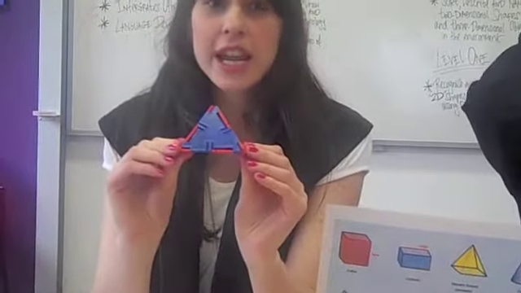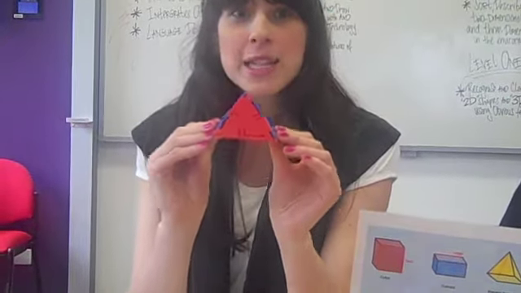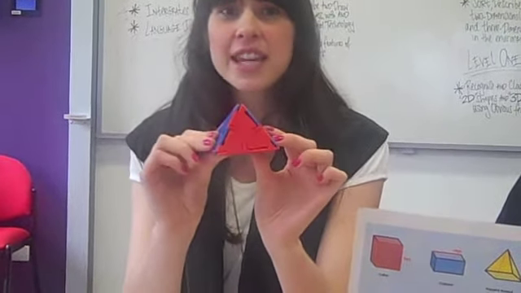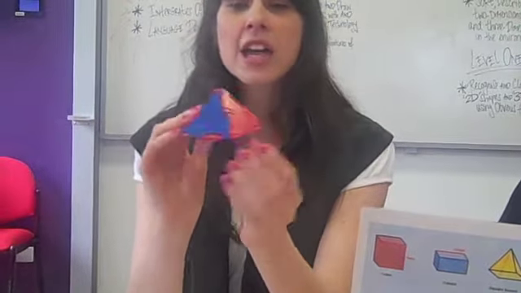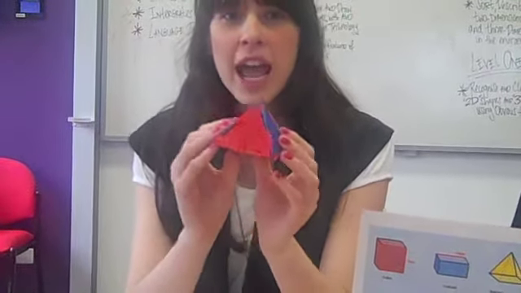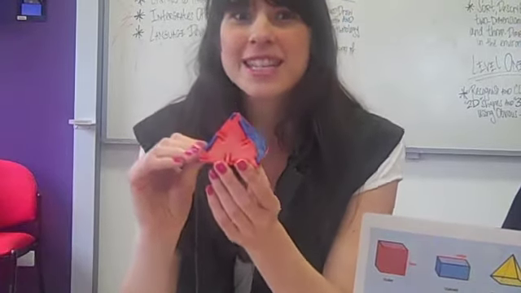One of the trickier 3D shapes that we've been learning about is a square-based pyramid. I know that it's square-based because it has a square underneath. It has 5 faces. One of them is a square and 4 of them are triangles. It also has 5 vertices, which is a fancy way to say points.